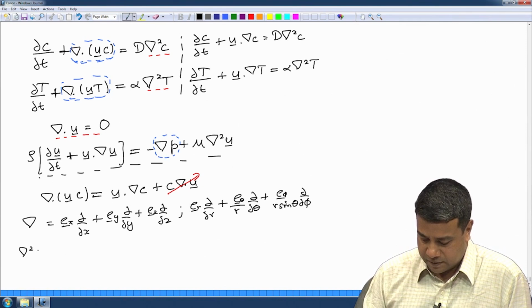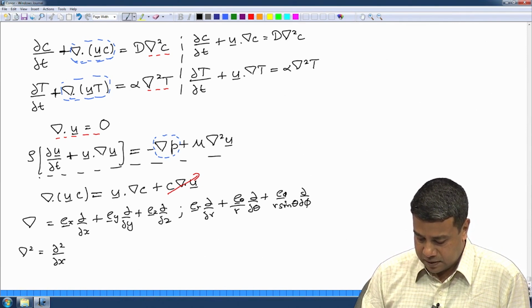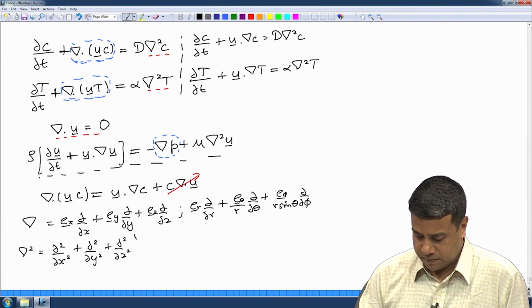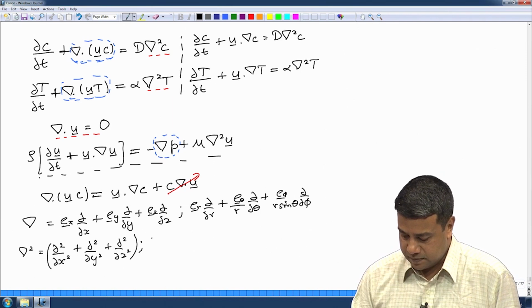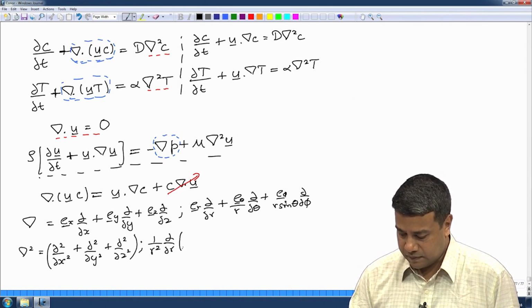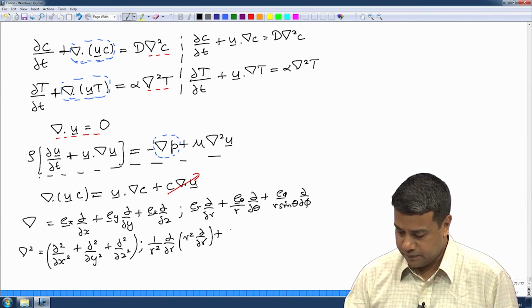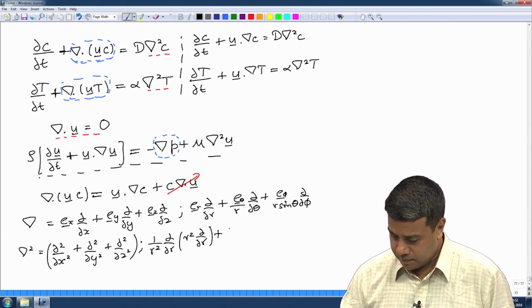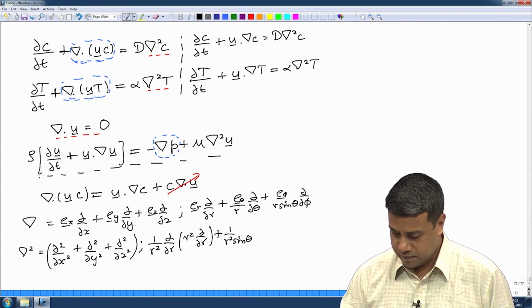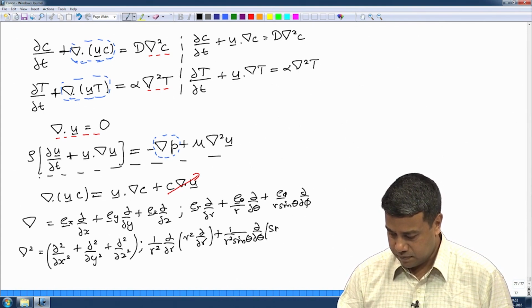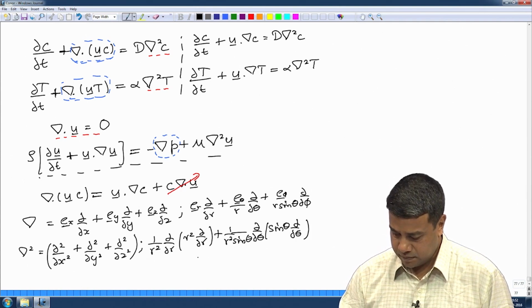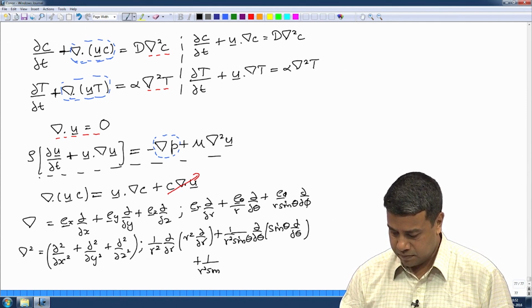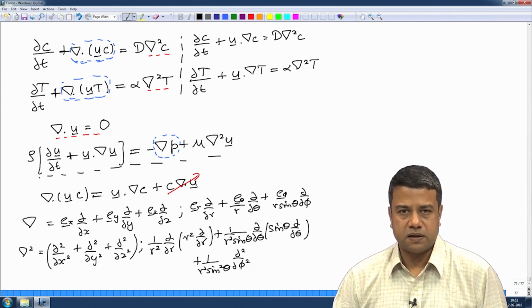And the Laplacian was of the form d square by dx square, or in a spherical coordinate system 1 by r square d by dr of r square. So, those were the operators that we had derived in Cartesian and spherical coordinate systems.